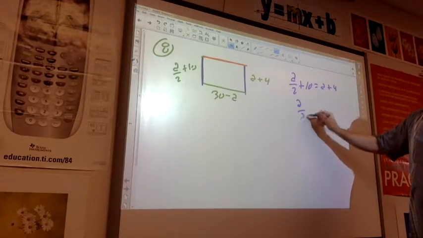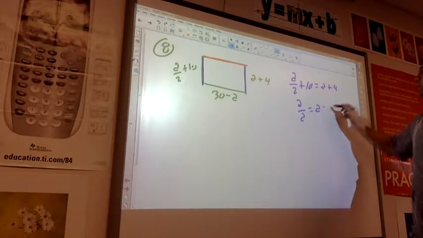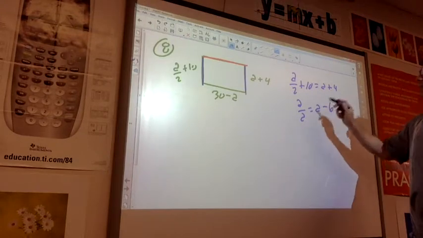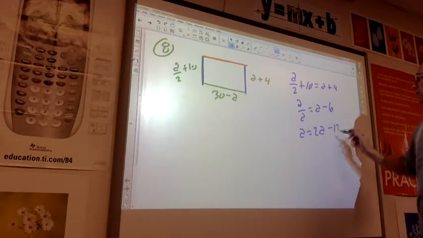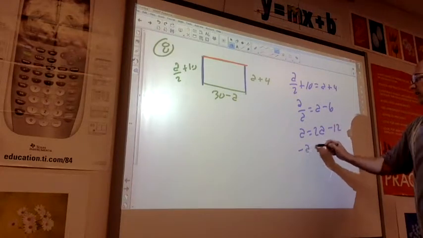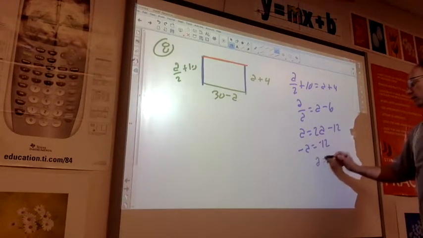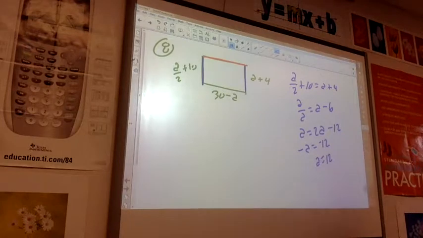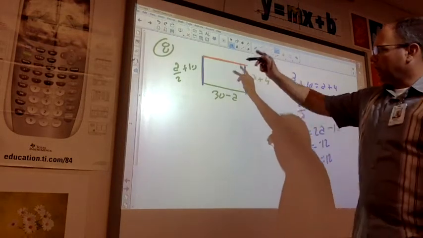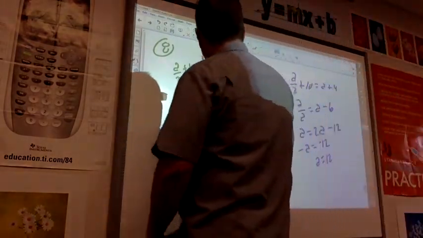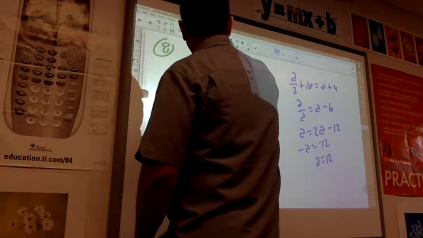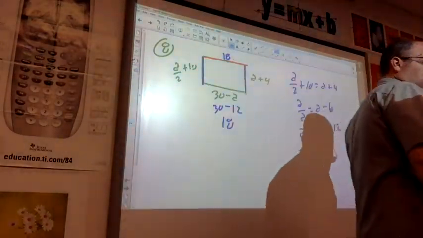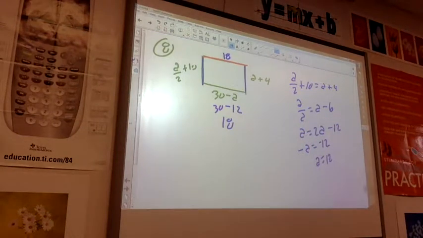Let's subtract 10 from both sides. So I get negative 6. Multiply everything by 2 to clear the denominator. Subtract that, I get negative a equals negative 12. So a has to equal 12. So we solve for a. Now if I want to solve that, well, I'm going to go 30 minus a, which is 30 minus 12, so that's 18. If that's 18, that has to be 18. All right? What else from number 3 review?